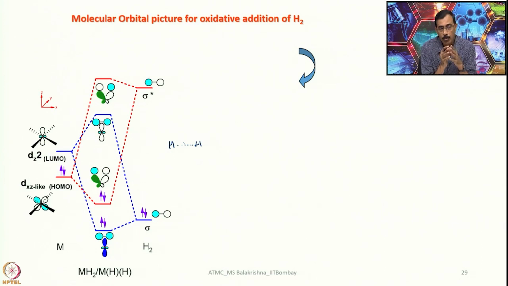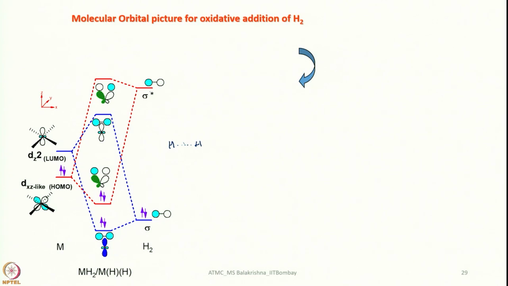Now, because of back donation, sigma star is pulling electrons from one of the orbitals. Here we have taken xz, but you can take xz, yz or xy, one of those. To begin with, this is the HOMO for the metal, the highest occupied molecular orbital, and now this is shared with sigma star by generating pi bonding and anti-bonding orbitals.